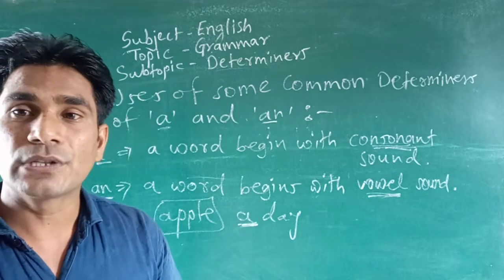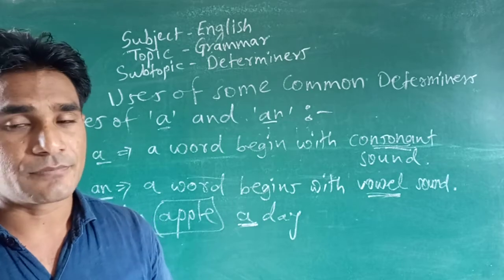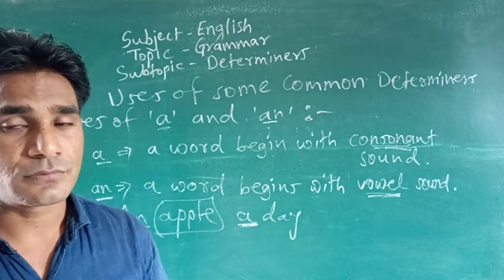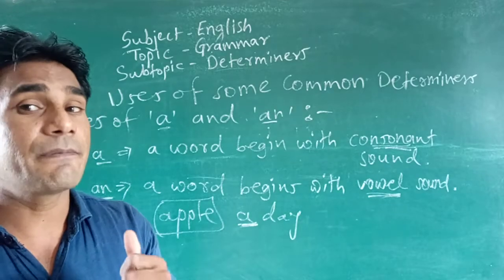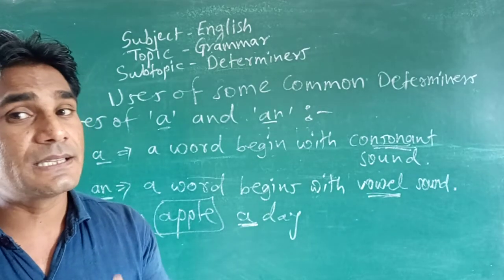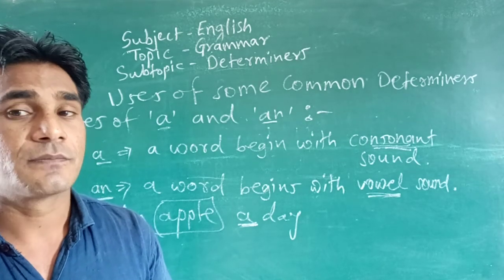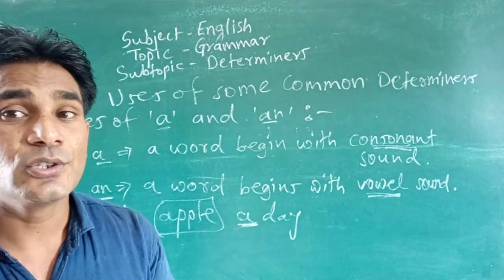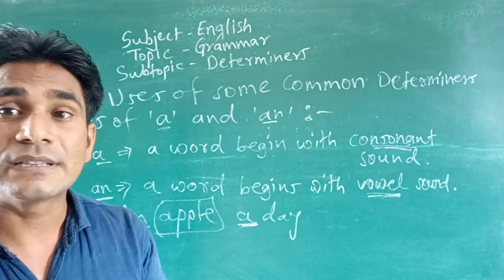As we know, there are 20 vowel sounds, and talking about determiners, if any noun begins with any one of these 20 vowel sounds, an should be used there.